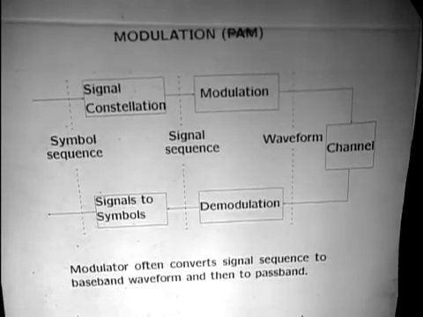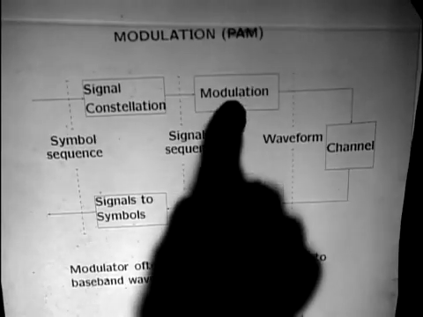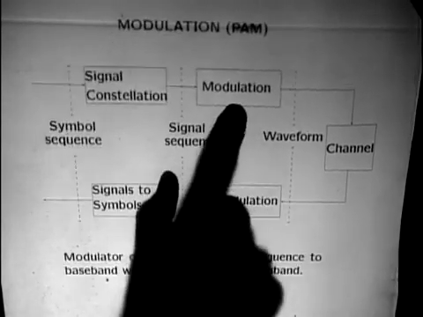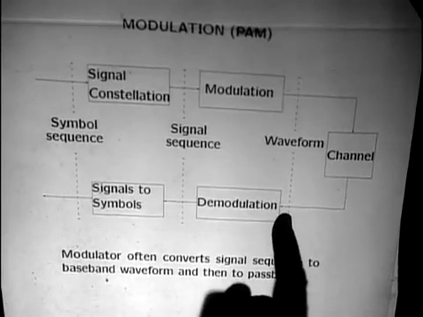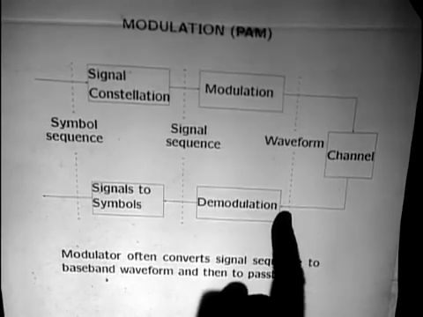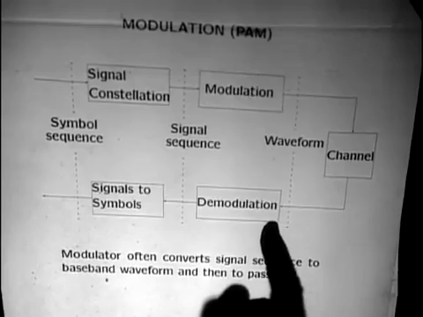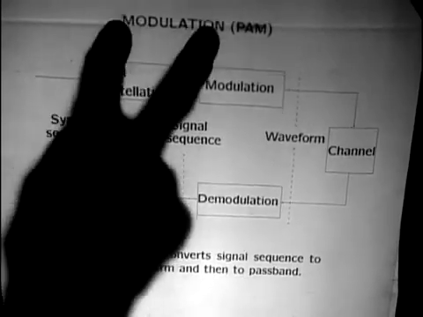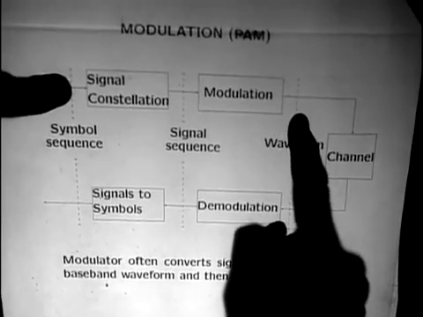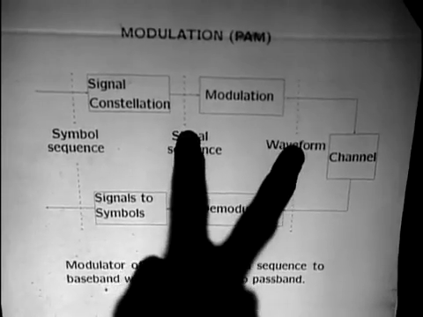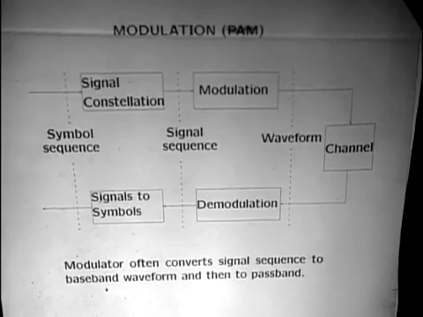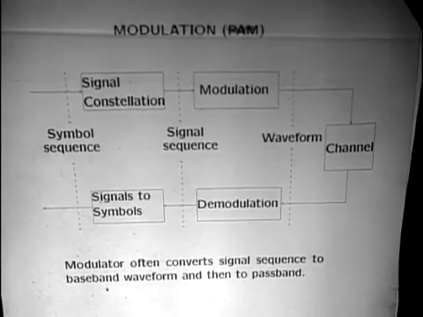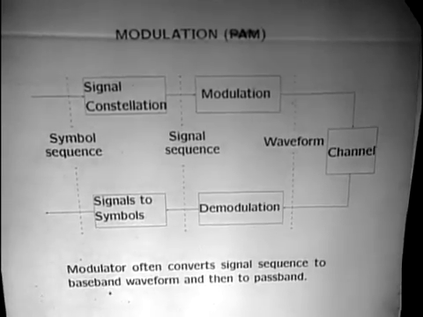And then, for the most part, we're going to define modulation as what happens when you go from the signal sequence to the waveform. You might realize that our notation is lousy here because I'm calling modulation this whole thing, and I'm also calling modulation just this thing. And I'm doing that because there doesn't seem to be any other reasonable word for either one of these things.